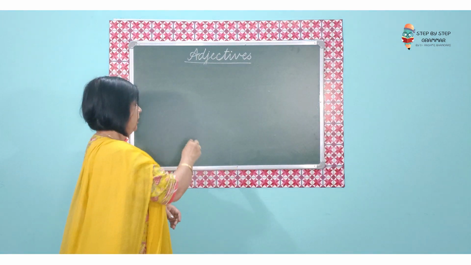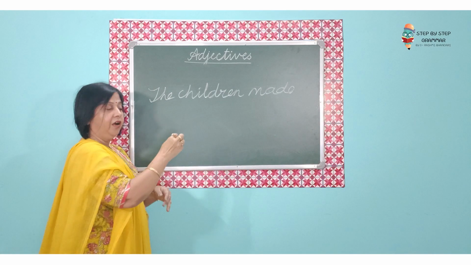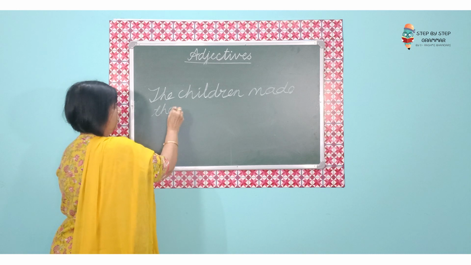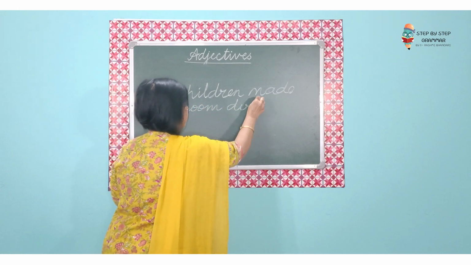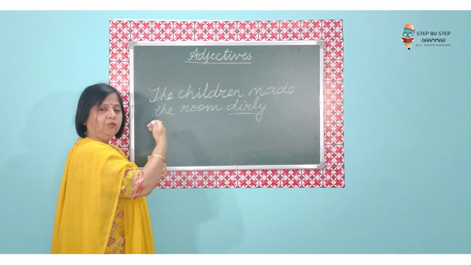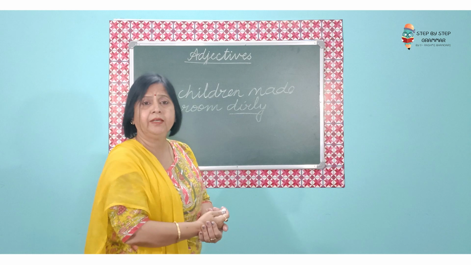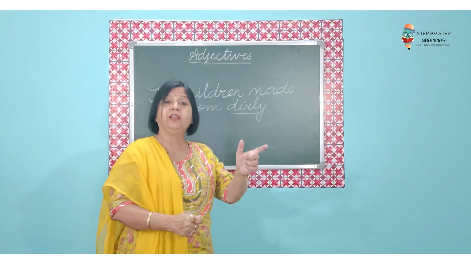For example, the children made the room dirty. So here, where is it coming? Dirty is the adjective, but it is coming after the noun. Made the room dirty.